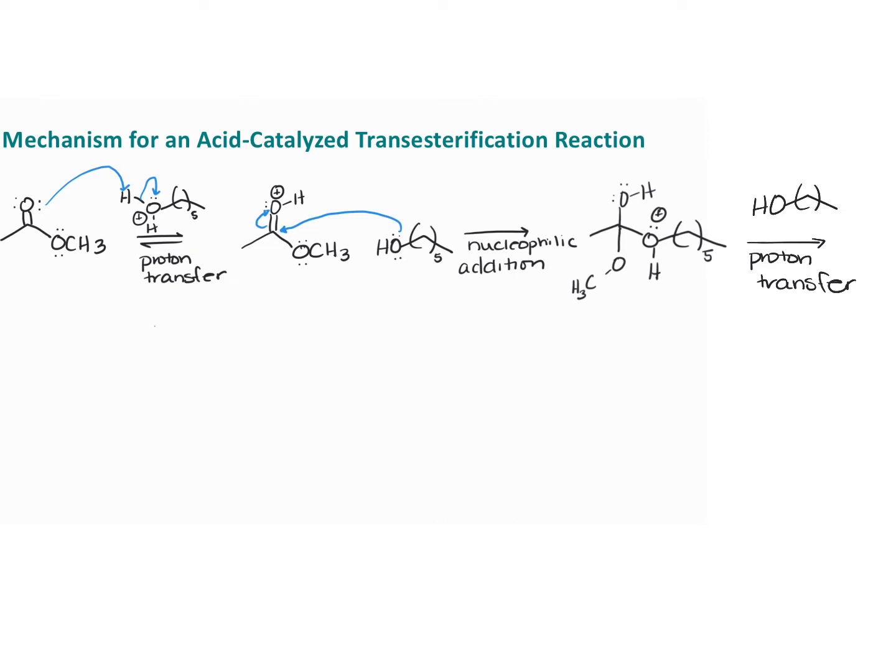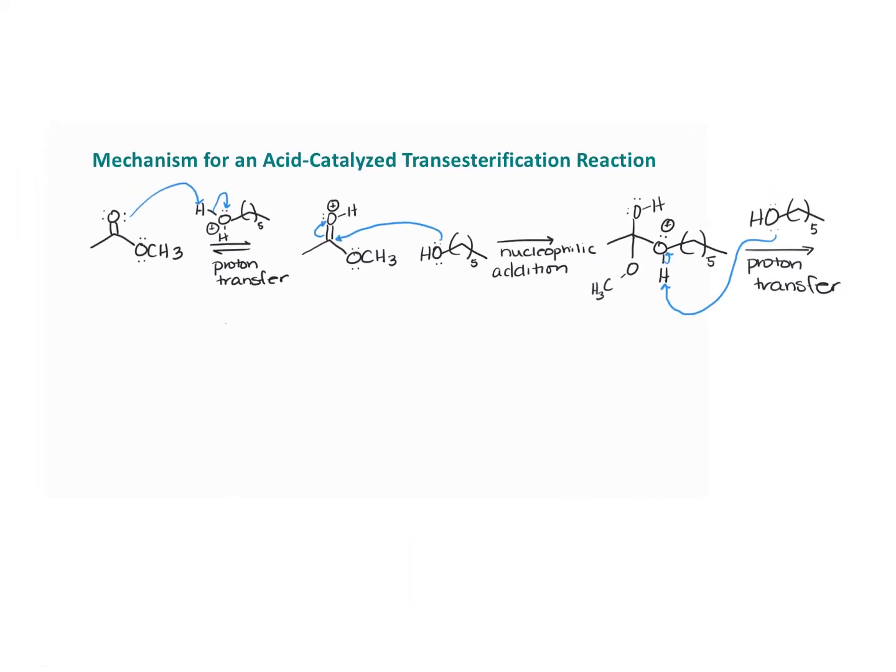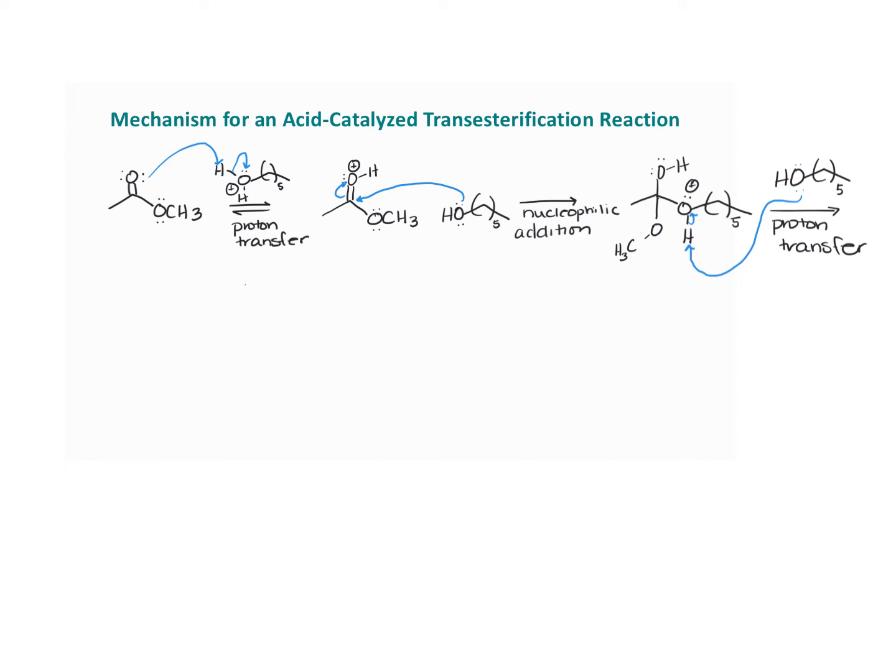So that same kind of alcohol with the 6 carbons comes back in, and what we're going to see is that these electrons here are going to come down and grab that proton, and those electrons are going to go back on the oxygen. So when they do that, we have that.